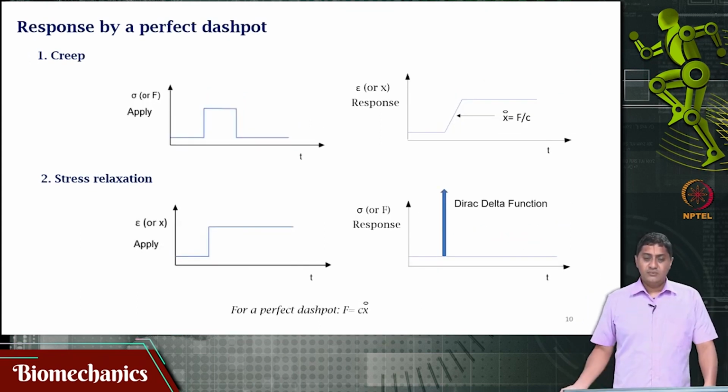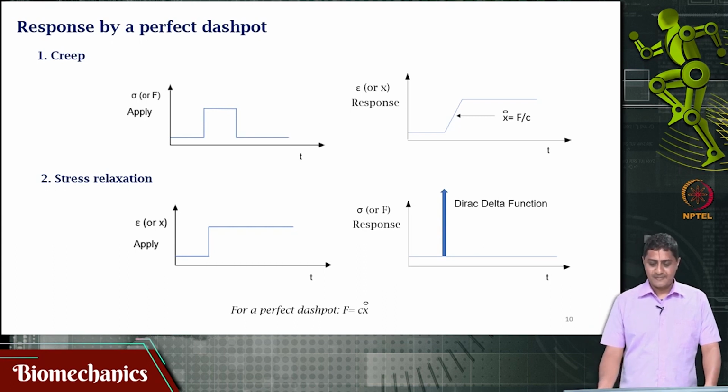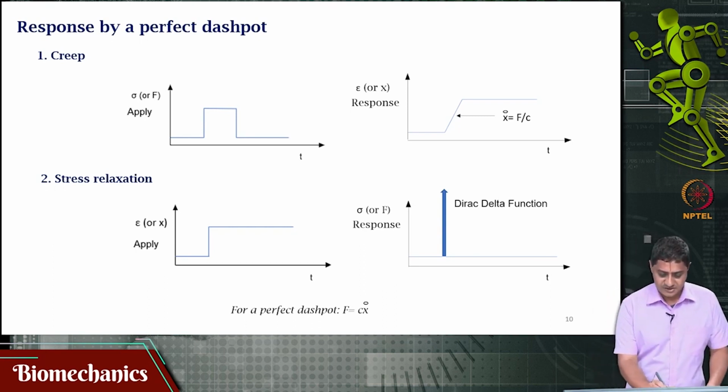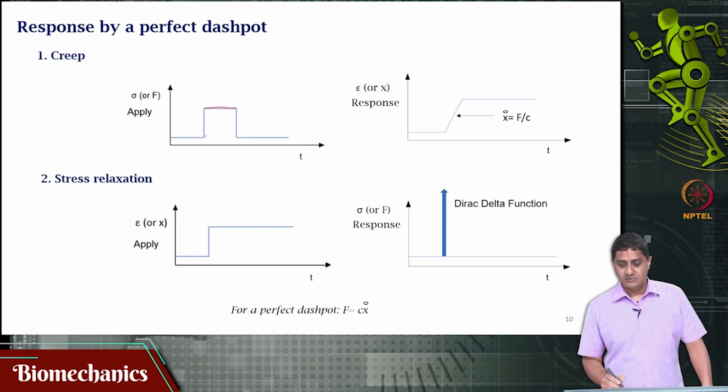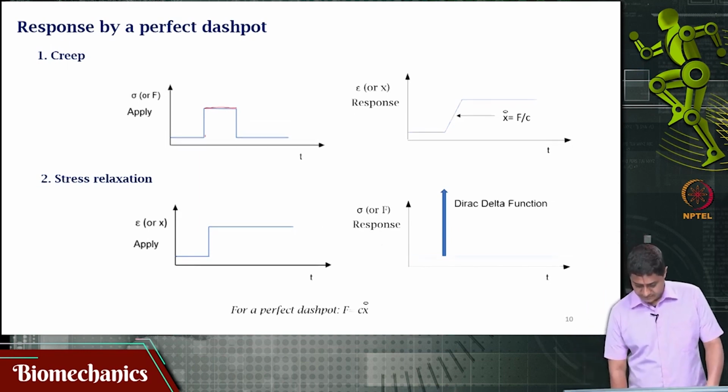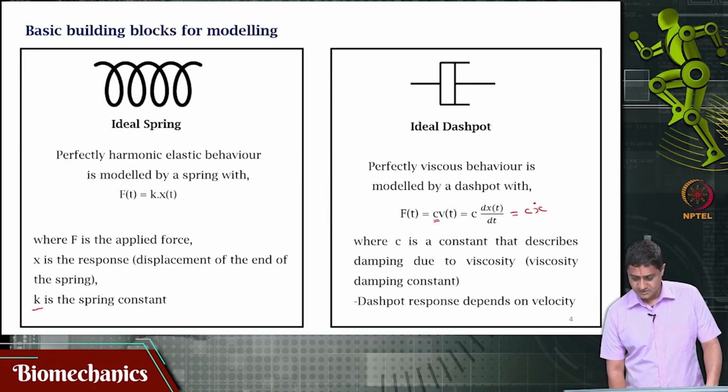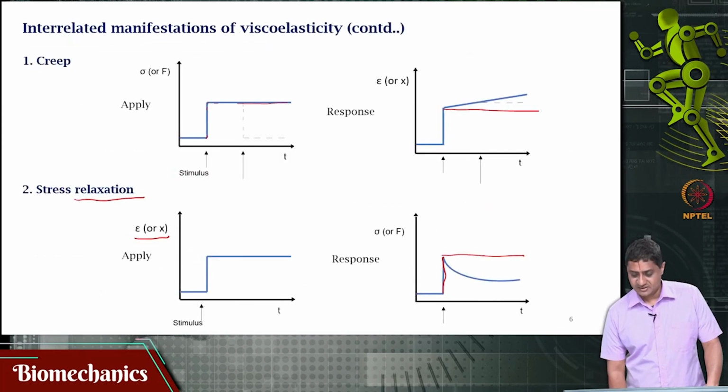Okay. What about a perfect dashpot? In a perfect dashpot, what you would expect is you are applying a stress and then you are maintaining it at a constant level, right. Remember, F is C x dot, is it not?